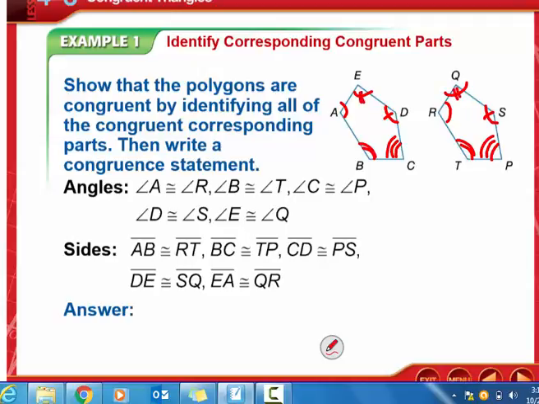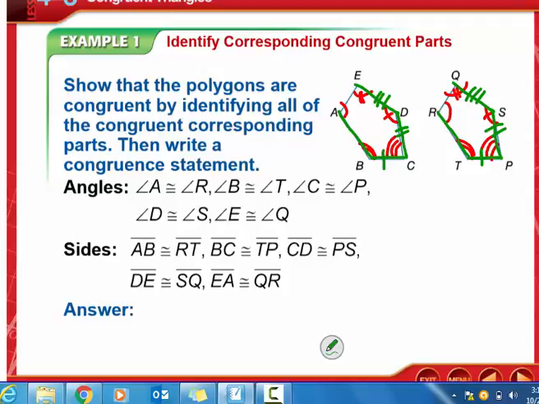I also have that segment AB is congruent to segment RT. Segment BC is congruent to segment TP. Segment CD is congruent to segment PS. Segment DE is congruent to segment SQ.